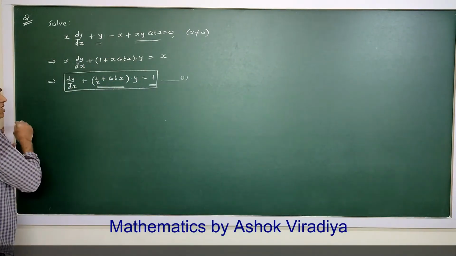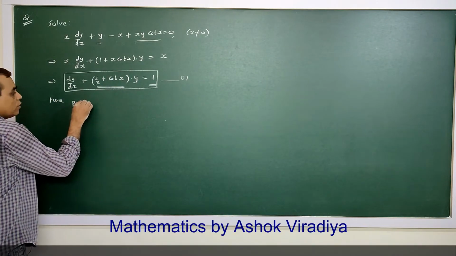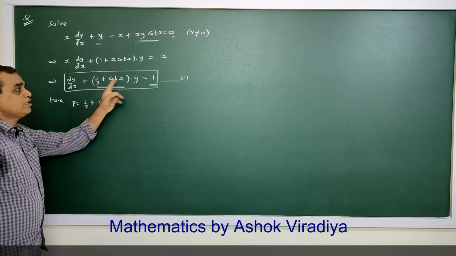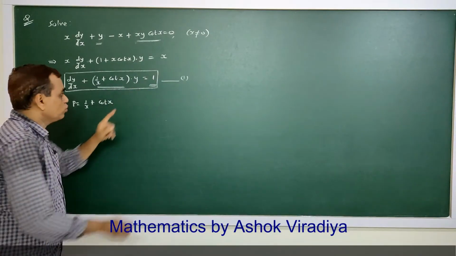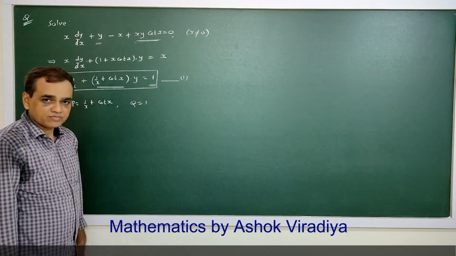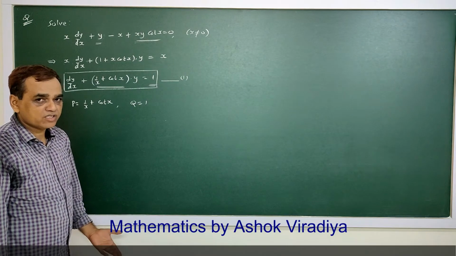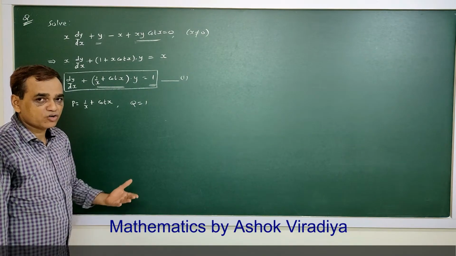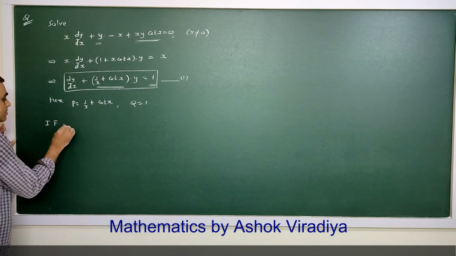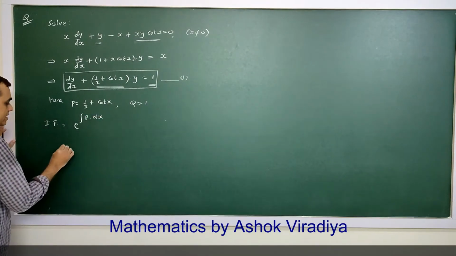So now the procedure. Here p is 1 by x plus cot x, p into y equal to q. Q is 1. This is constant. Anyone can be constant, both can be constant, both can be functions of x. So integrating factor, e raised to integral of p dx.